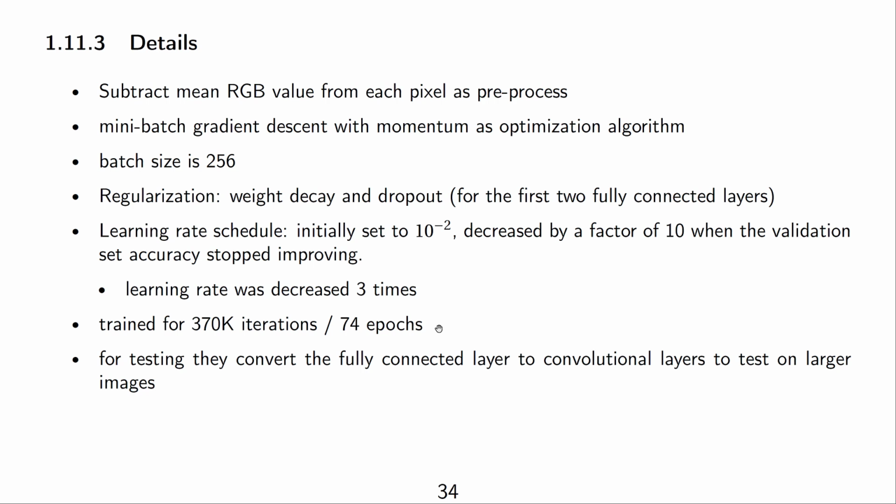Then training for 370k iterations or 74 epochs. For testing, they converted the fully connected layers to convolutional layers to test on larger images. This is a conversion that we discussed before, that one can basically convert the fully connected layers, the linear layers in the end, to convolutional layers.